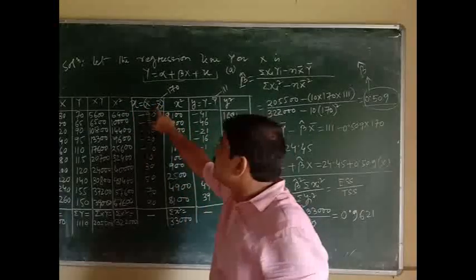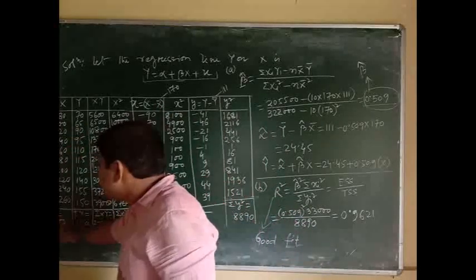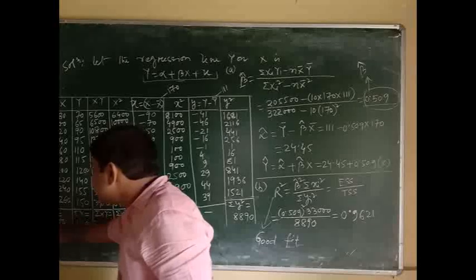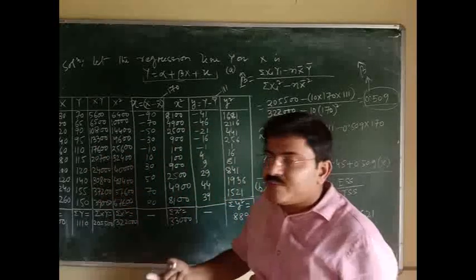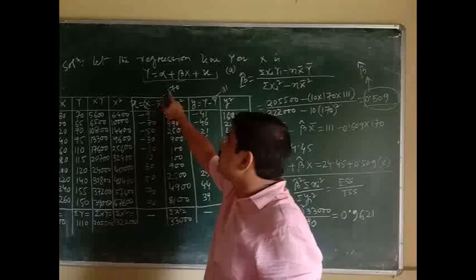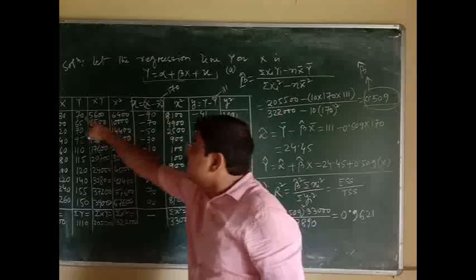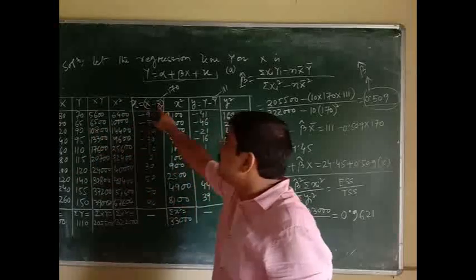So as we know, when we sum up all these values, summation of x is 1700, and we divide by the number of observations, then we get x bar as 170.